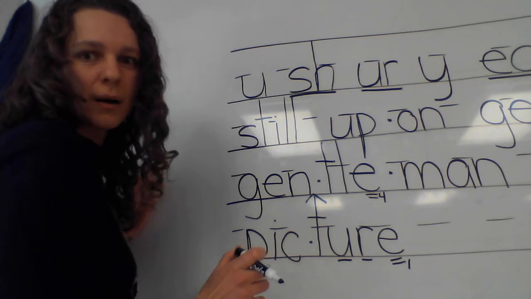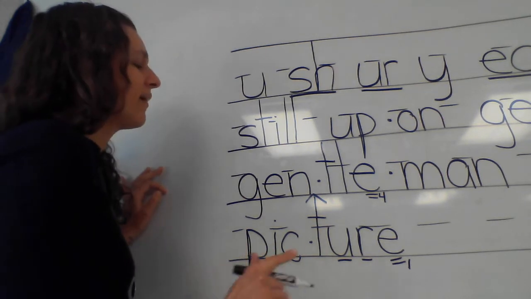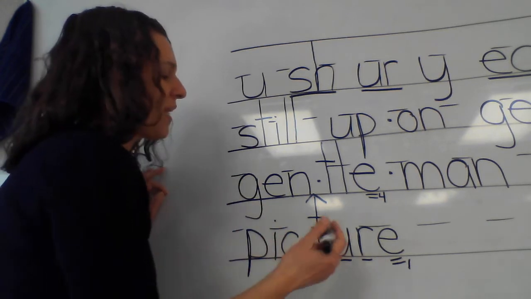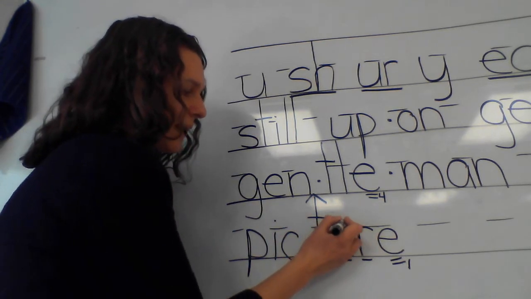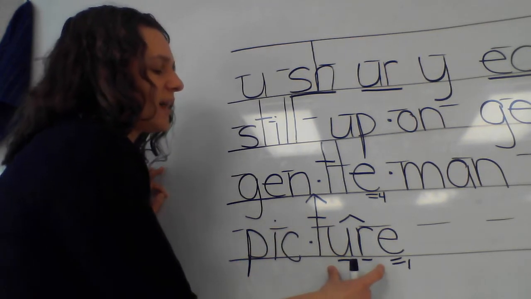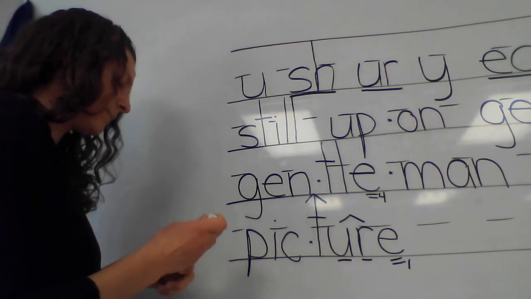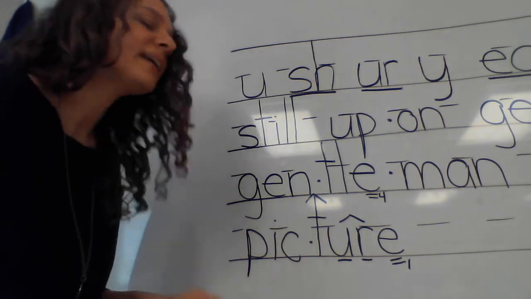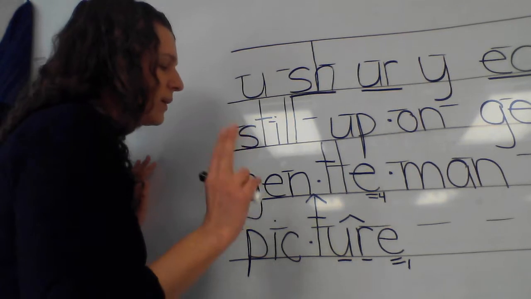Don't you think you hear an uh in picture? But to spell it correctly, so we remember this, we have to say you-er. So we're actually going to put a thinking cap that goes on top of both of those because we hear it like the er of hurt, but it's actually you-er. All right, so this one more time.